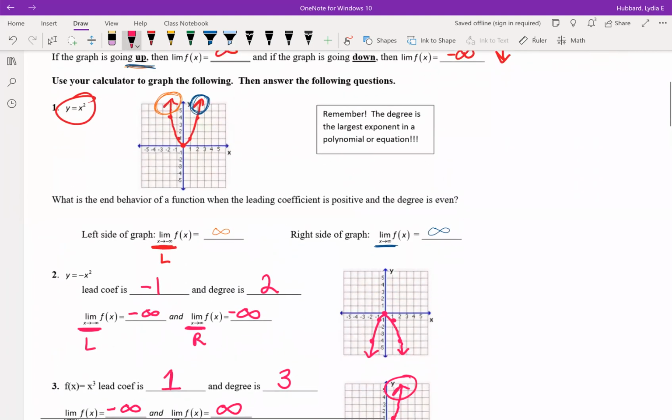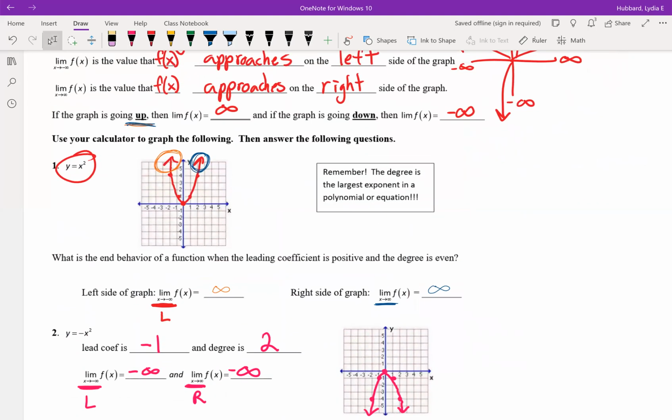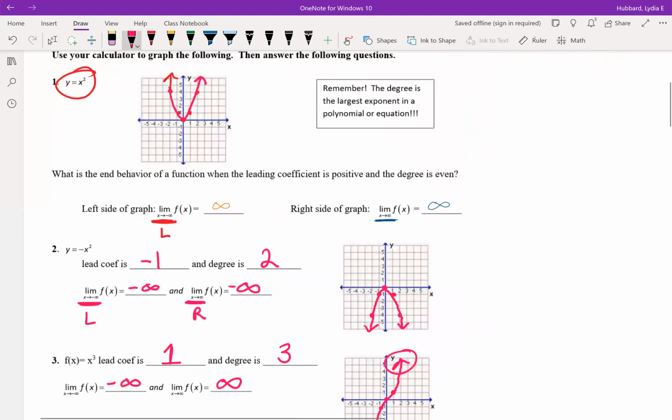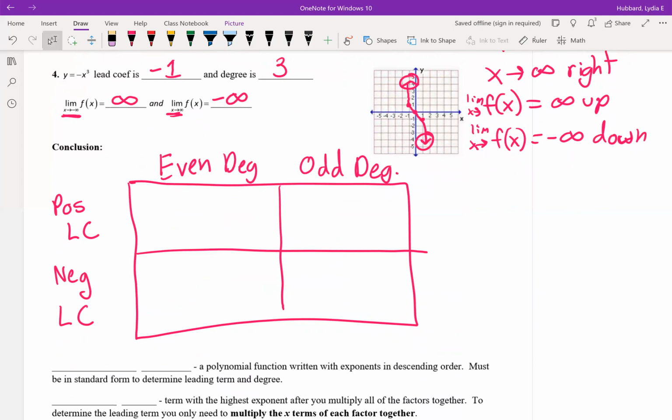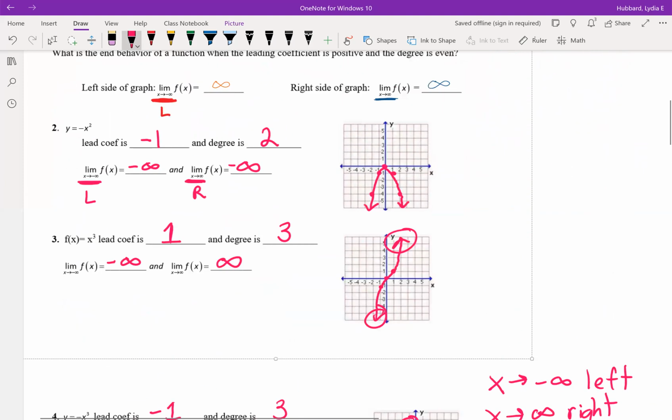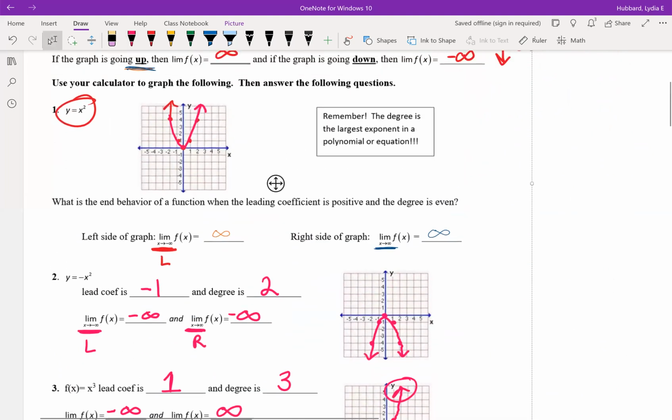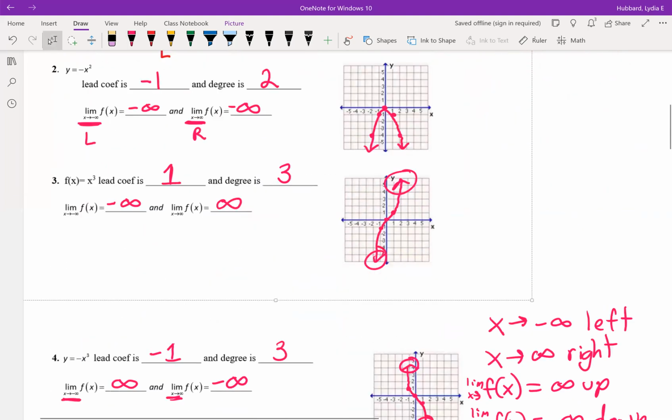So looking back, the first one we had was when we had a positive leading coefficient and an even exponent. And so we would have a positive leading coefficient and an even degree. And so what's happening there is both sides of our graph are going up. So whether they're positive or negative, our graph is going up.